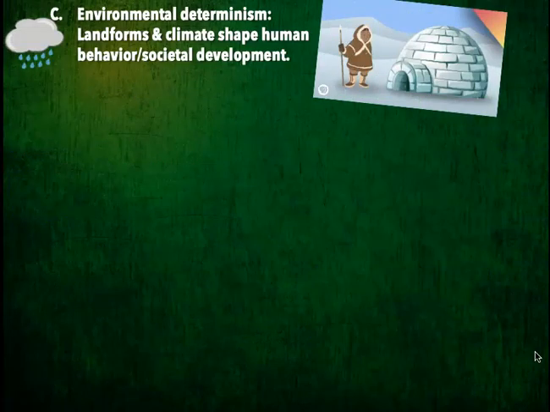All right. Environmental determinism, another one. There's a little bit of resemblance, a similarity between this one and cultural ecology. I guess a couple examples I could throw at you here.